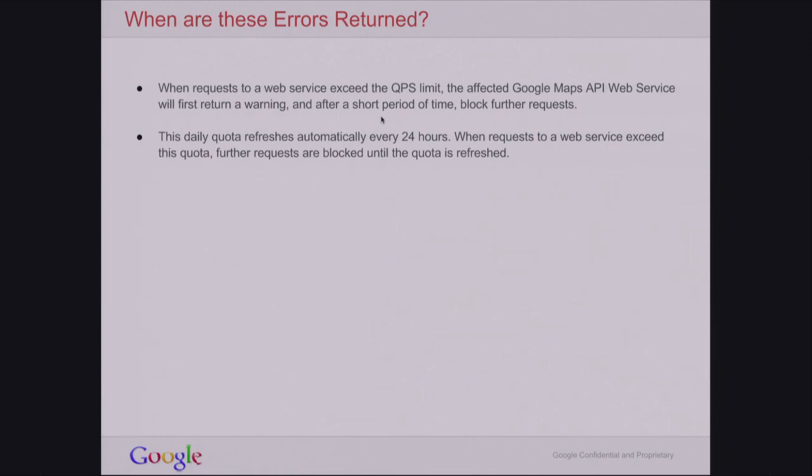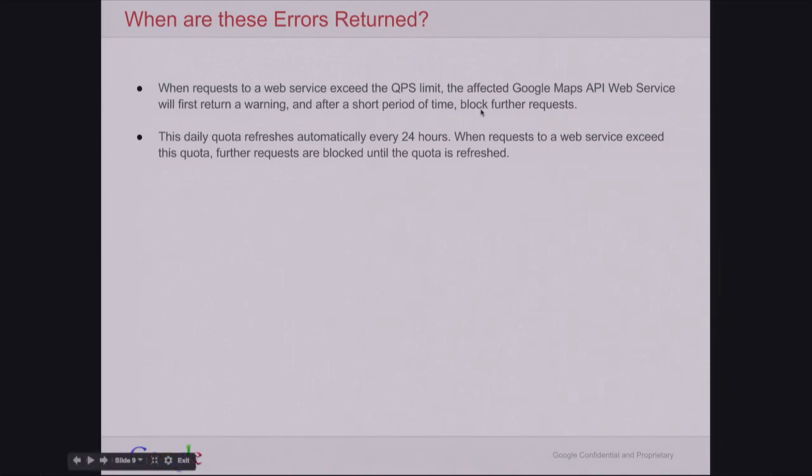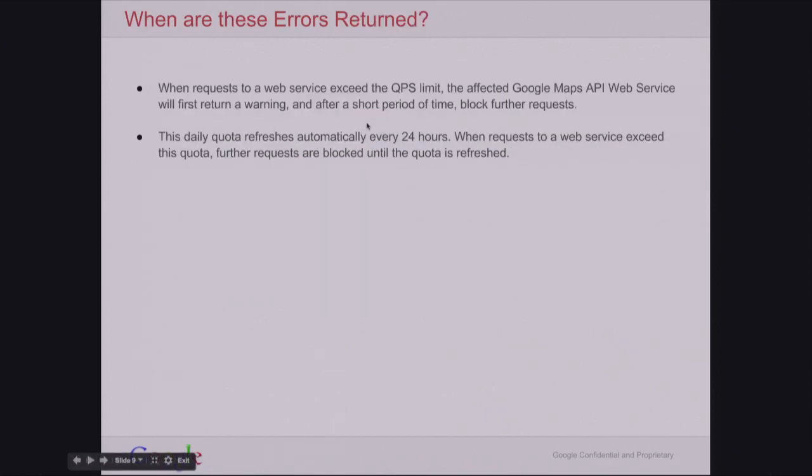And so what's going to happen is you'll be receiving either the 620 or the over query limit error status code in the response. Now, if this continues to happen repeatedly, you'll be blocked for a lot longer time with the 403 forbidden status code. A similar error will be generated when you exceed the QPD limit within the 24-hour period, and further requests will be blocked until the quota is refreshed, so you start the next 24-hour period, or if you decide to purchase additional quota for that particular web service in question.